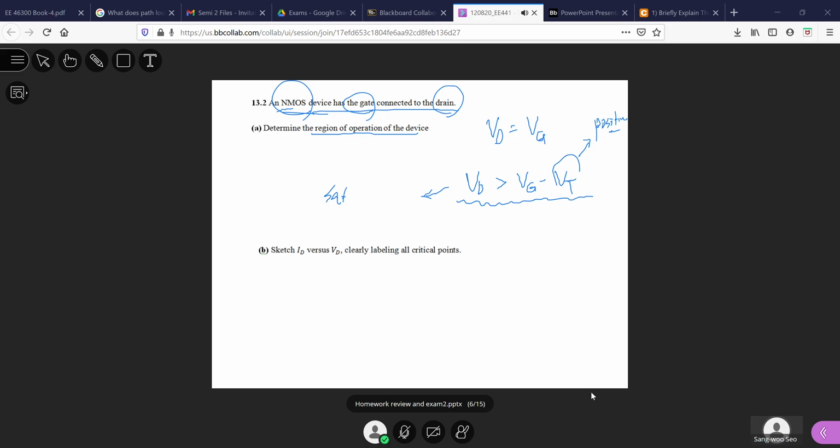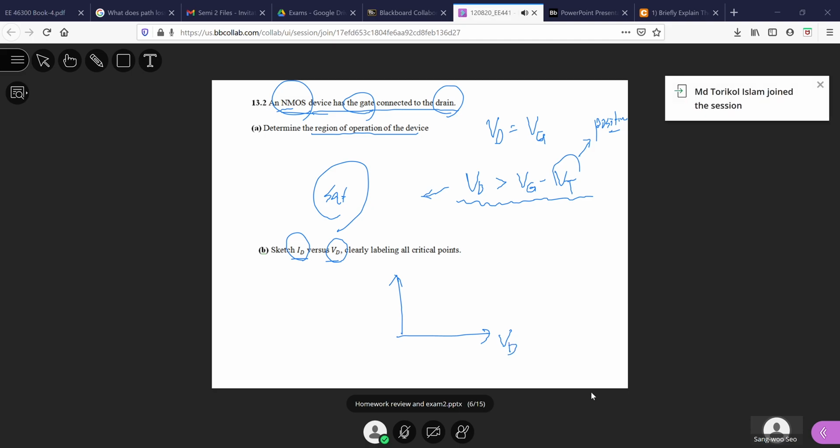So at saturation, if you look at the drain current versus the drain voltage, the current versus voltage characteristic, let's say this is the drain voltage and this is the drain current.